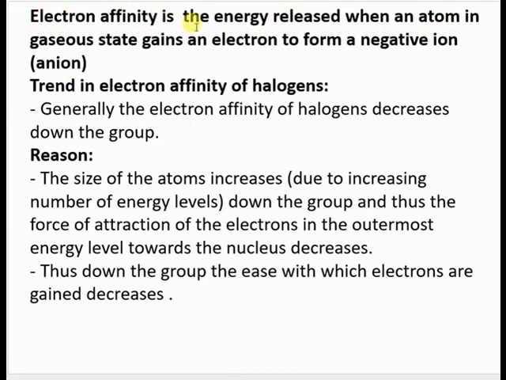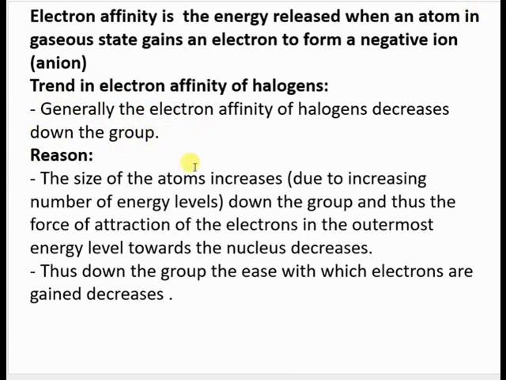Therefore, electron affinity is the energy released when an atom in a gaseous state gains an electron to form a negative ion. What is the trend down the group of halogens? Generally, the electron affinity of halogens decreases down the group.